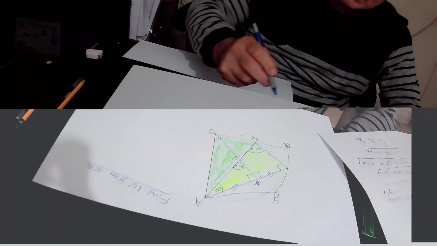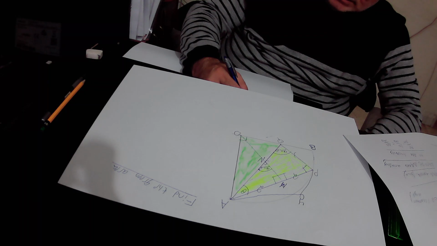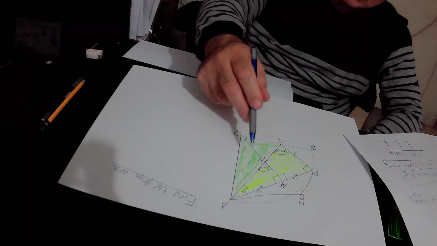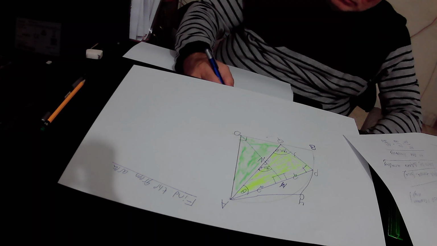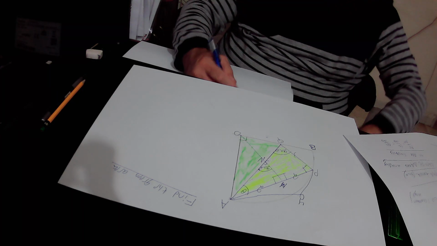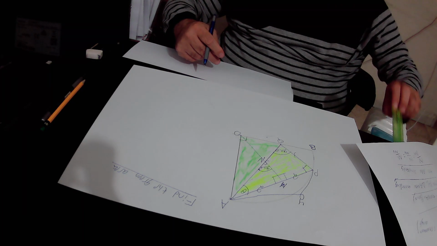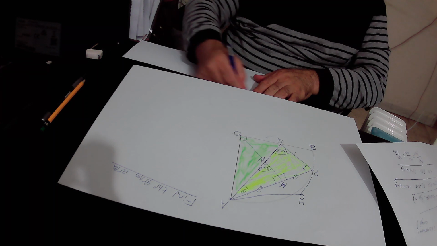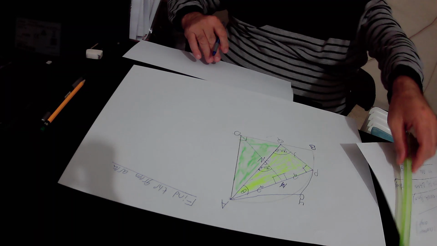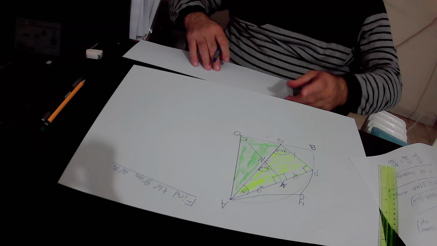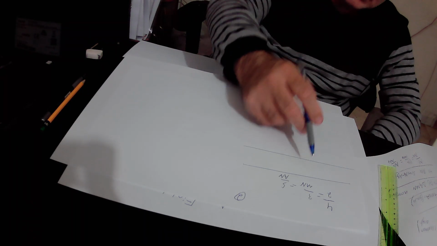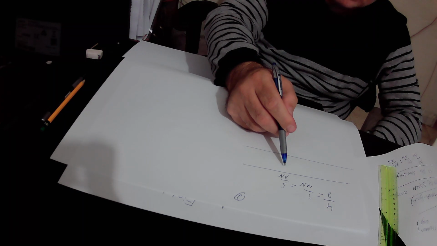MN is the missing segment, so we leave it as it is. Equals AQ. AQ equals 5 according to what is given, over AN. So here we found that 4 over 2 equals 3 over MN equals 5 over AN.